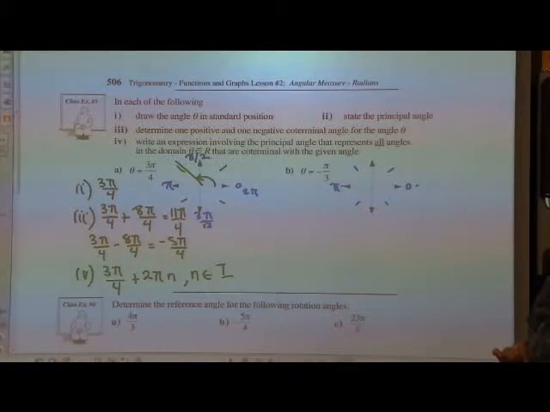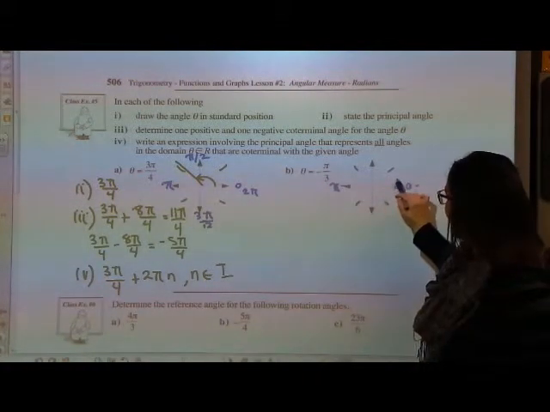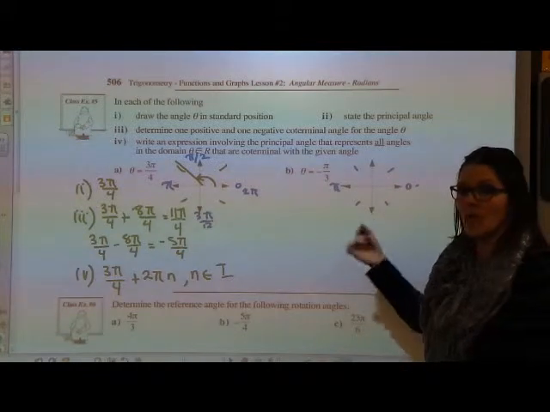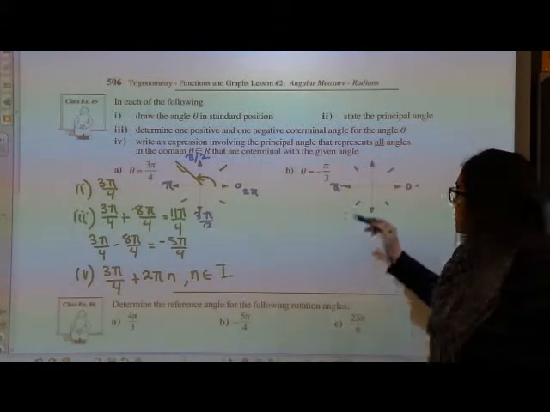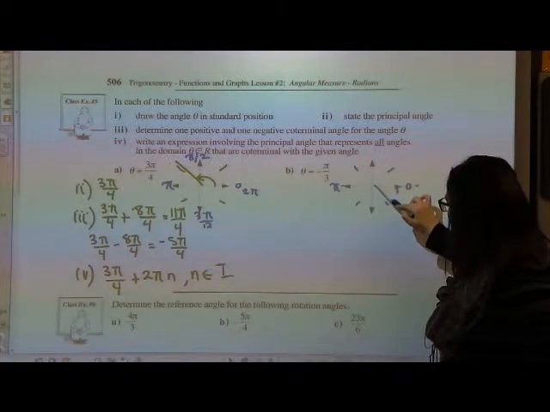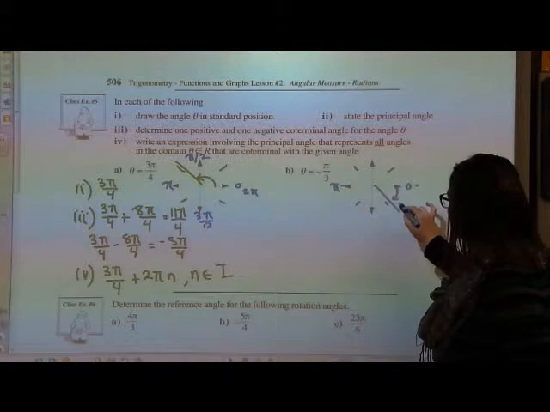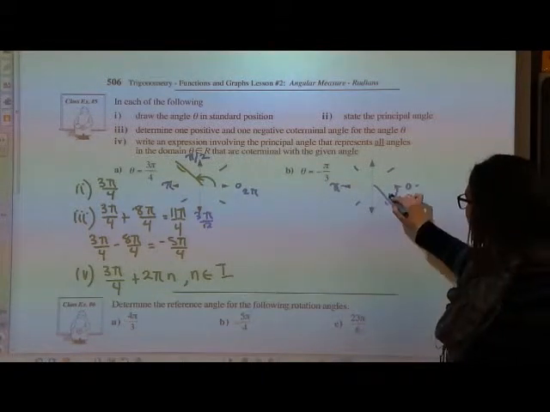What does negative tell me to do? Go clockwise. Each of these now represents a pi over 3. So negative pi over 3 would be going clockwise like that. So that's my angle theta.